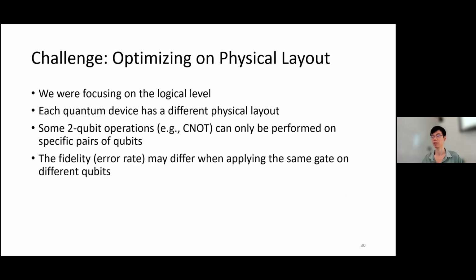There is another challenge, which is optimizing on the physical layout. We were focusing on the logical level of quantum circuits, but each quantum device has a different physical layout. For example, some 2-qubit operations, such as CNOT, can only be performed on specific pairs of qubits, and the fidelity or error rates may differ when applying the same gate on different qubits.